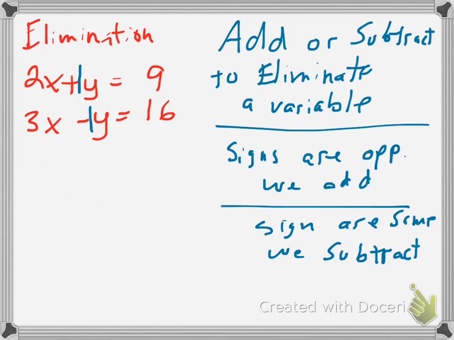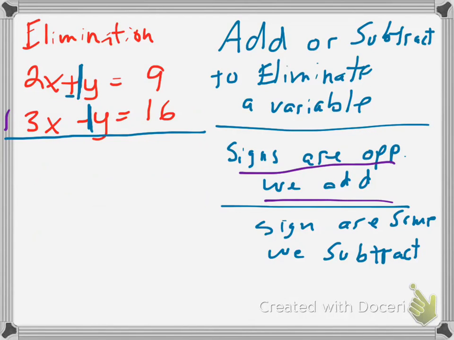I have the same number here. Now I just need to determine my signs are positive and negative, so they're opposite. So I'm going to add. When you add both of these equations, be careful of your signs. Right here I have 2x plus 3x, that equals 5x.